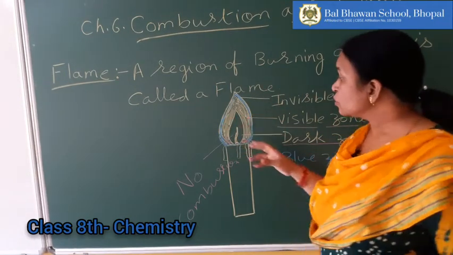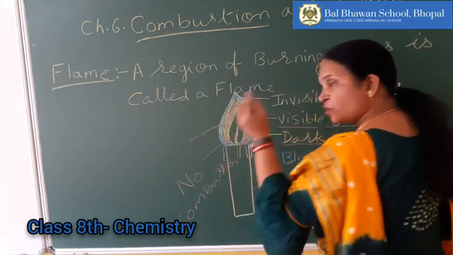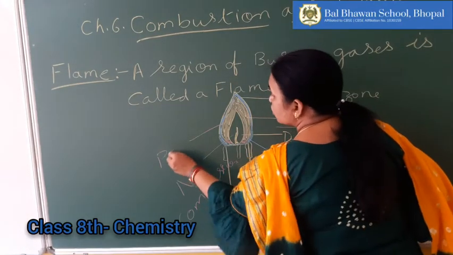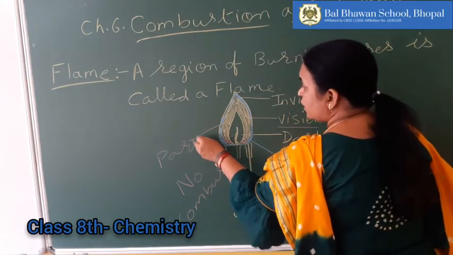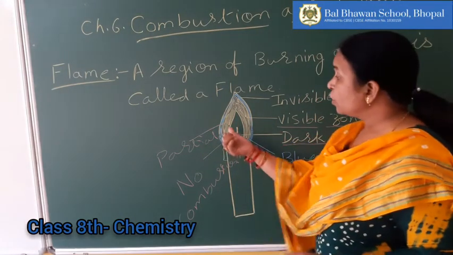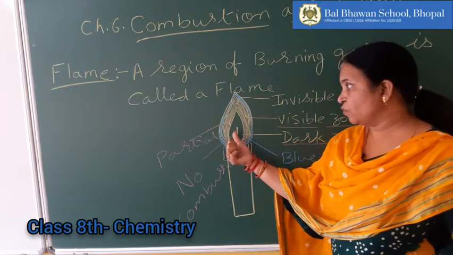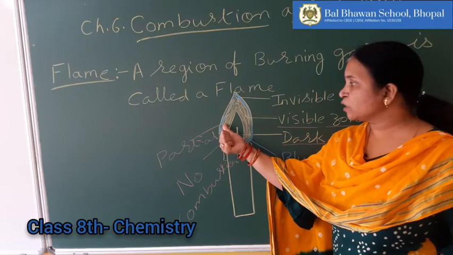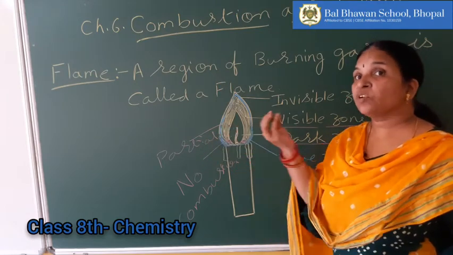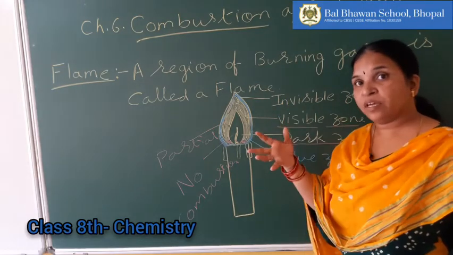Compared to the no-combustion zone, here combustion will take place, but it will be partial, not complete. If you compare the hotness of this zone with the dark zone, you will find it is moderately hot due to incomplete combustion, and it will release some unburned carbon particles into the air.